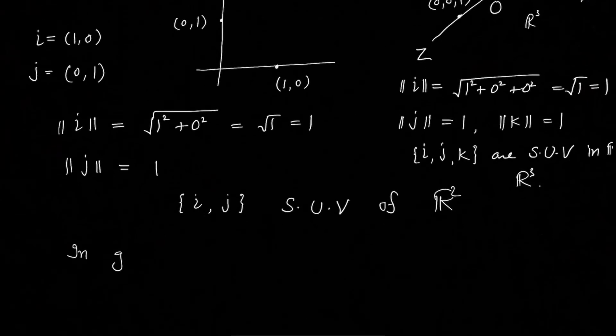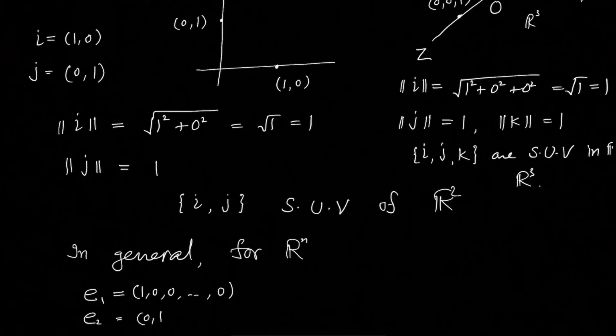In general, E1, E2, and so on up to En, where each element has n components and 1 is at the place where the index stands. That means in Ei you will have 1 at the ith place. So E1, E2, En are the standard unit vectors for Rn.